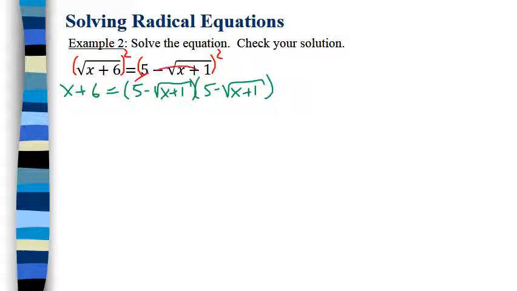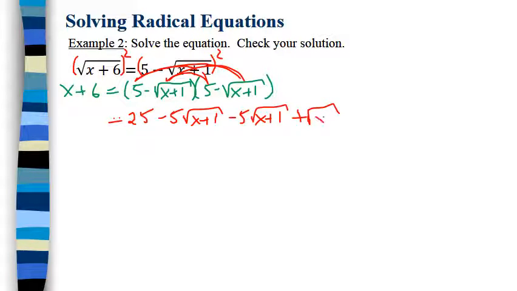So we have 5 times 5 is 25, and 5 times negative square root of x plus 1, and then minus 5 square root of x plus 1, and then negative square root of x plus 1 times negative square root of x plus 1 is positive square root of x plus 1 squared. And we still have the x plus 6 on the left-hand side.